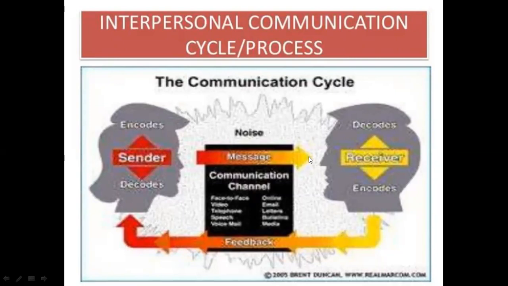Firstly, we have a sender. So basically, the sender is that kind of person in the communication process. He or she will be the individual who initiates a message and is also called the communicator or source of communication.